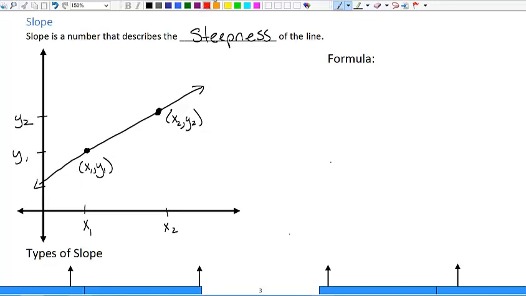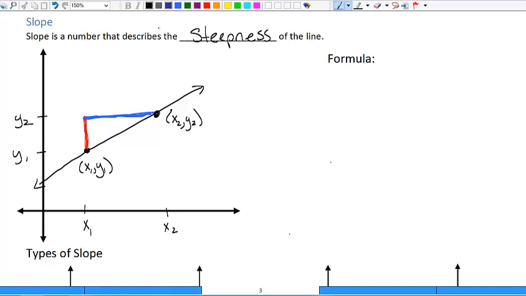So clearly this is going uphill, and I want to know exactly what rate it is going uphill. So if I think about this as its vertical components and its horizontal components, I know that if I'm going from this first point to the second point, I have to rise some and move forward some, which we usually call run. We rise the red part and we have to run the blue part.